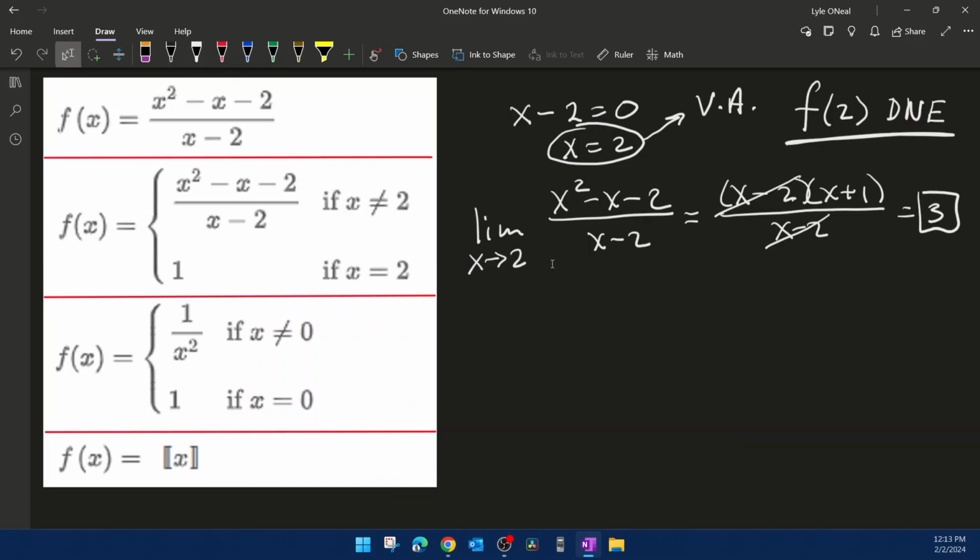Our next example, we have another piecewise function. Both of these pieces are going to be continuous everywhere on their domain.